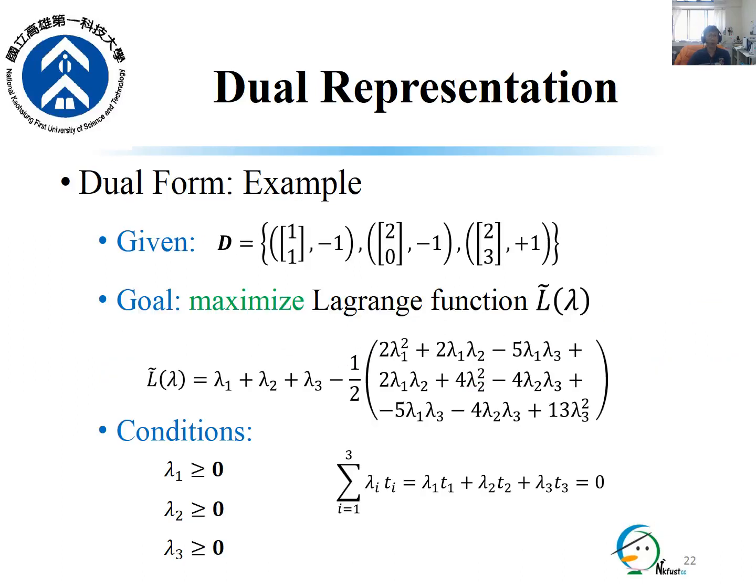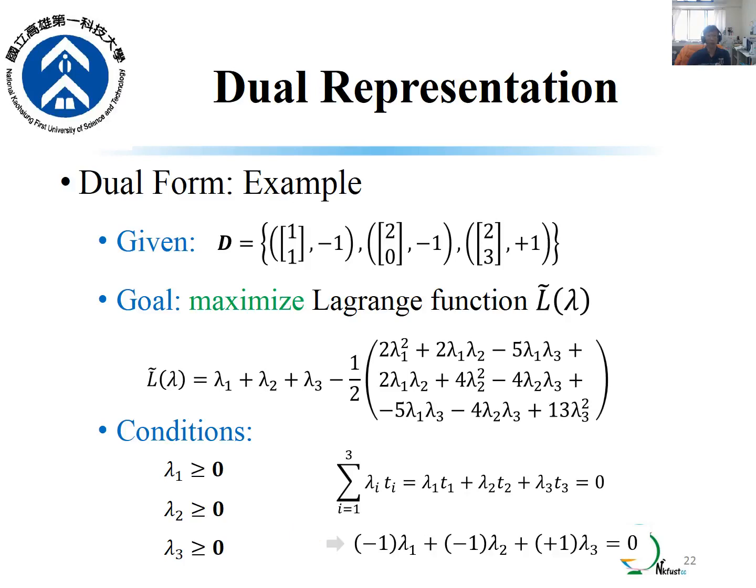So the dual form of this example is to maximize this Lagrange function subject to the conditions that all lambda I are greater or equal to 0, and the sum of lambda I Ti over I is 0. That is minus lambda 1 minus lambda 2 plus lambda 3 is 0.